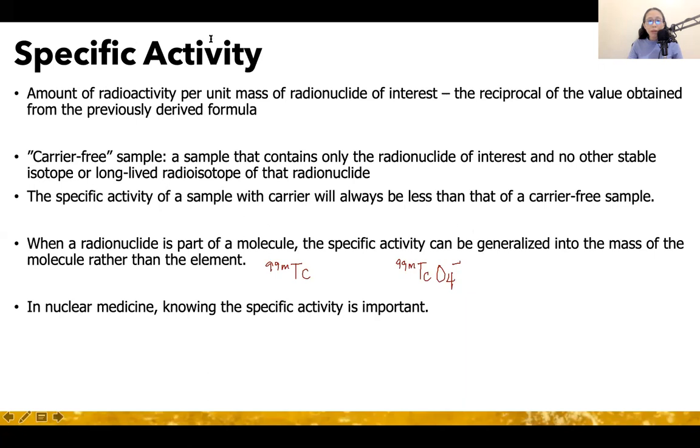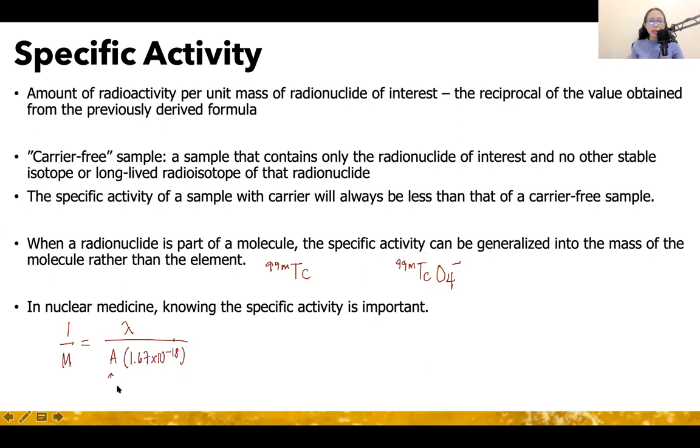So if our metastable technetium-99 is part of this pertechnetate molecule, we can use the formula. So we have the formula for M, right? So we get the inverse of M, which is lambda over A times 1.67 times 10 raised to negative 18.